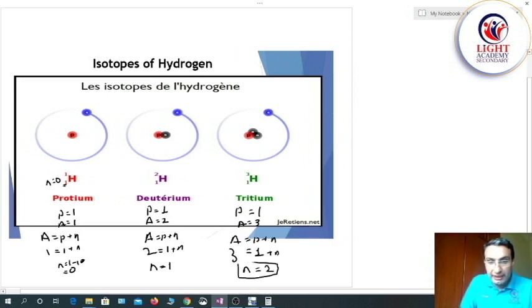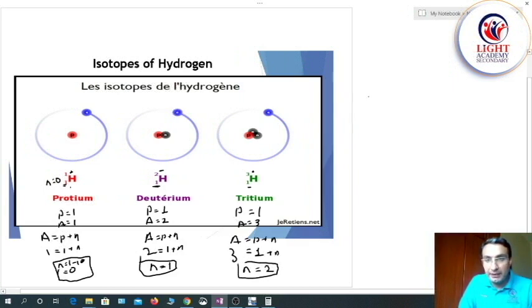So as you see, my dears, the isotopes of hydrogen have the same atomic number 1, 1, 1, but they have different atomic masses because of the different number of neutrons.